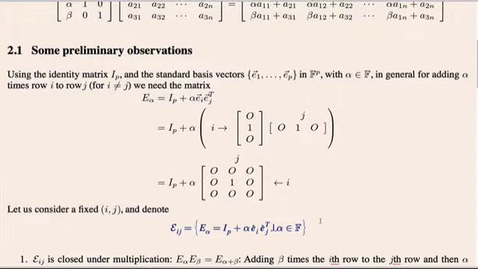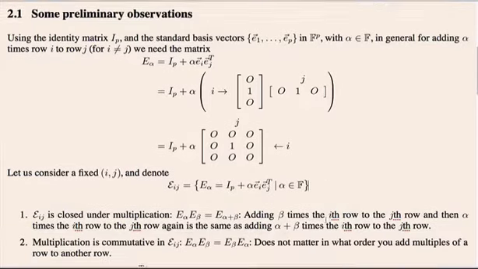You could have complex ones also. So this is just the set of all these matrices. And the ij is fixed right now, so that's why we have the ij matrix.